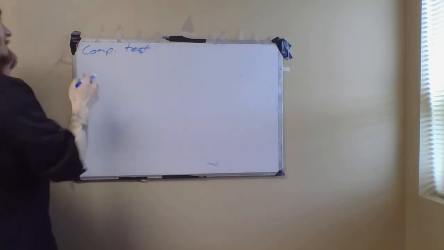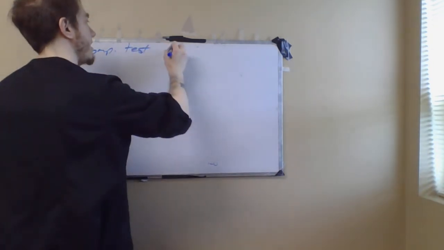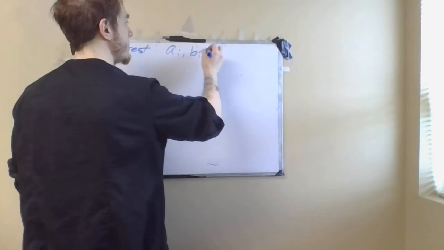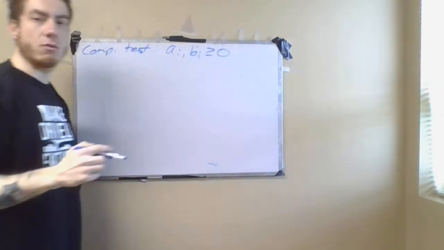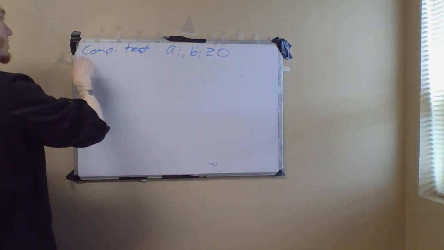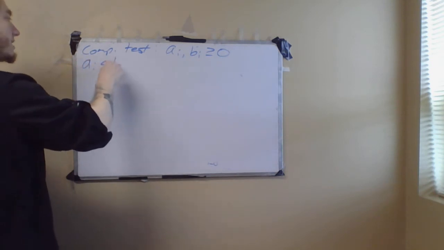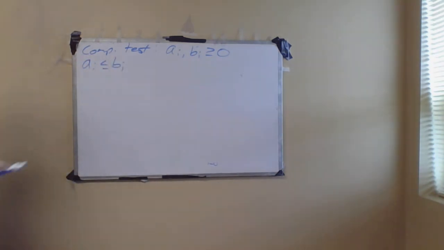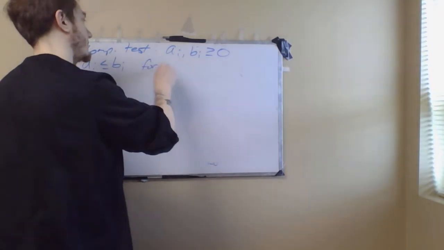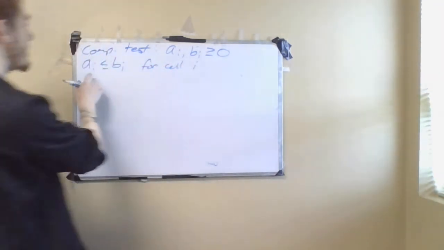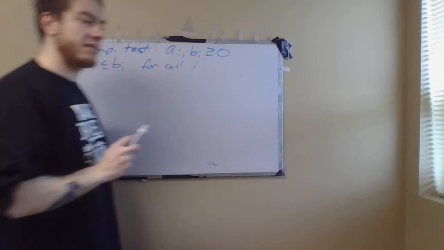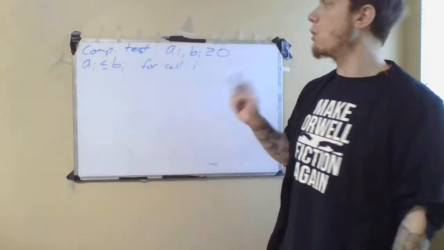The comparison test: suppose that we have a sub i and b sub i are bigger than or equal to 0, and we also have that a sub i is always less than or equal to b sub i. Now notice, I'm not saying that every one of the a sub i's is smaller than every one of the b sub i's.